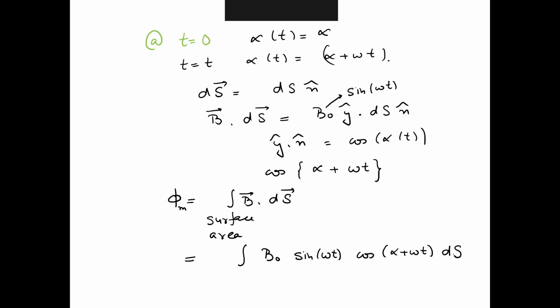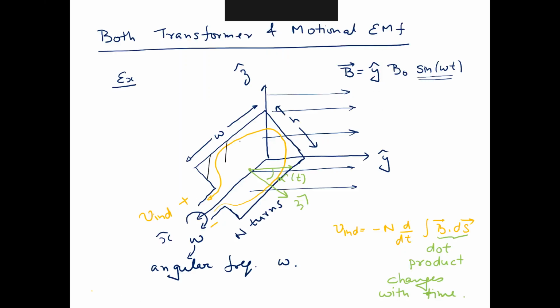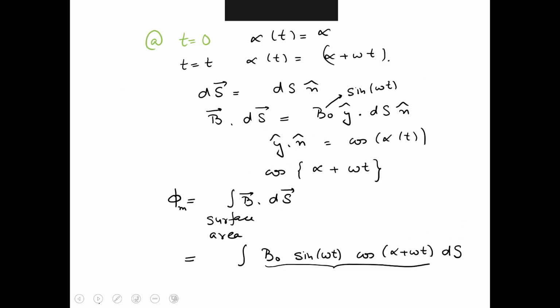All these are integral of ds. ds is basically for the surface area which is enclosed within this shaded part over here. All these terms are constant, so this integral just becomes B naught sine of omega t cos of alpha plus omega t integral of ds.